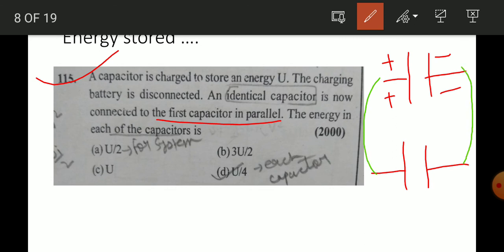Obviously after some time this capacitor will also gain energy. So this is what we have to find out, the energy in each of the capacitors. This capacitor will lose energy, its energy will decrease. This capacitor will gain energy, isn't it? So this is what we have to calculate here.